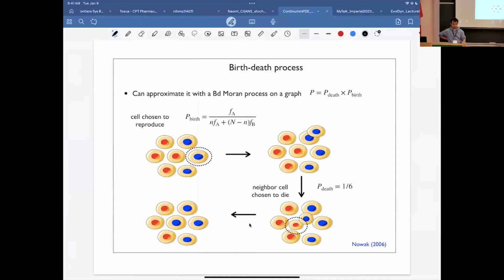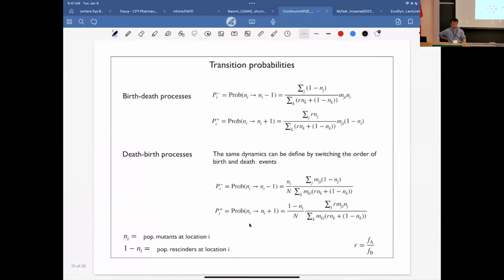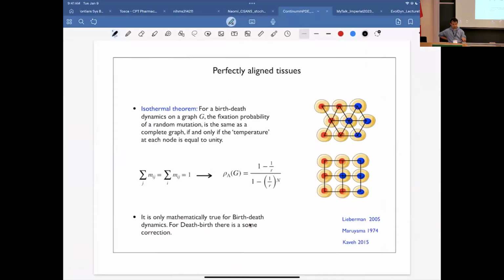We distinguish the two models, and they happen to be non-equivalent. There are some theoretical observations about fixation probability and stochastic quantities related to that.